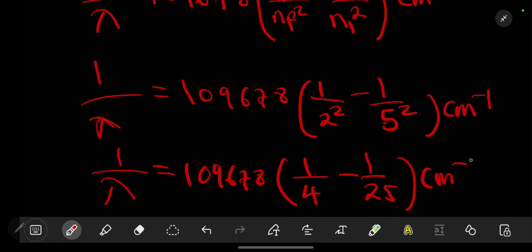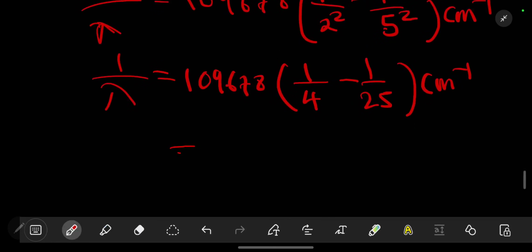Then we have the centimeter to the power negative 1. So then, let's subtract. We have 1 over the wavelength. When we subtract, 1 divided by 4 is 0.25 minus 1 divided by 25.